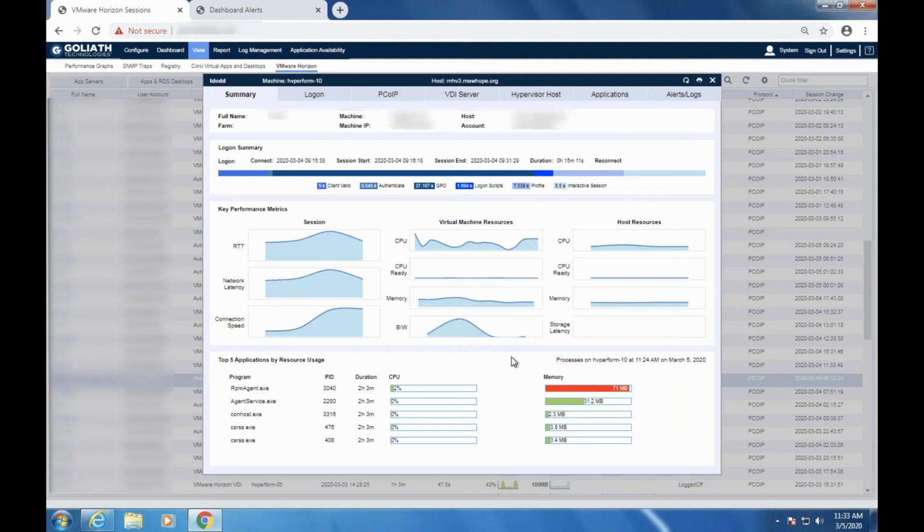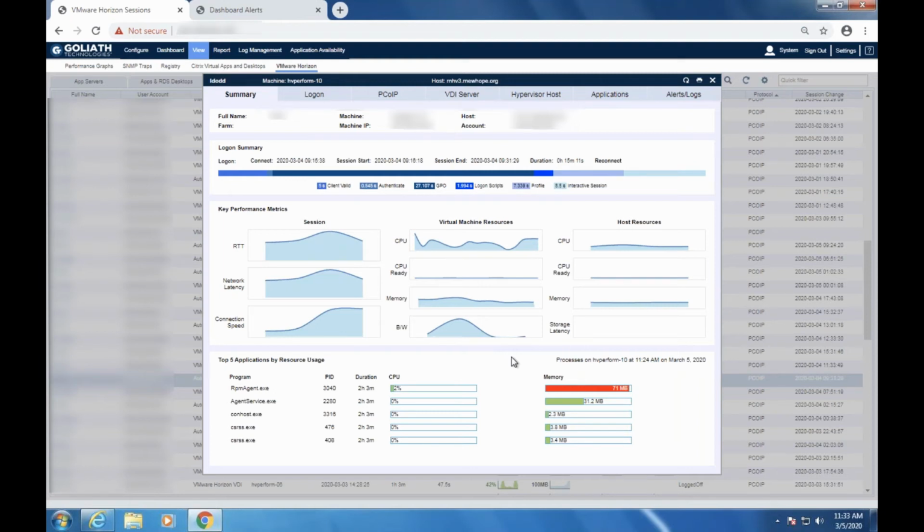So because of the deep metrics here, they were able to have these objective conversations with end users and point to the actual root cause of the slowness, which ultimately presented IT in more of a favorable light, because they had the ability to point to exactly what was causing these issues.